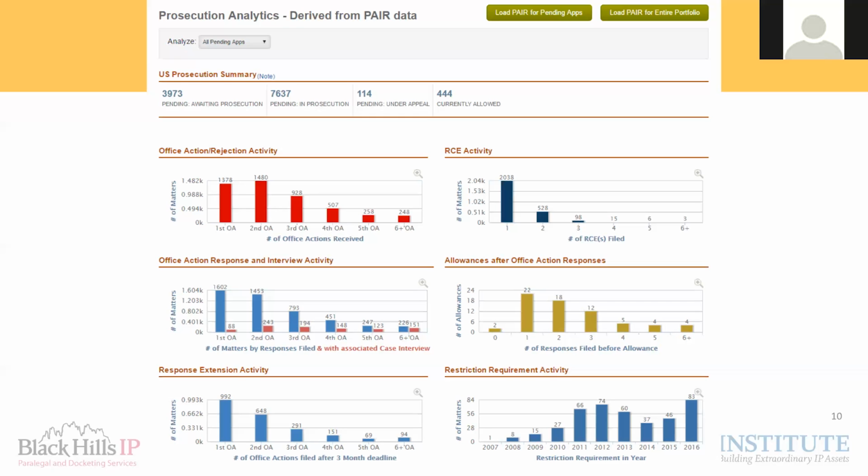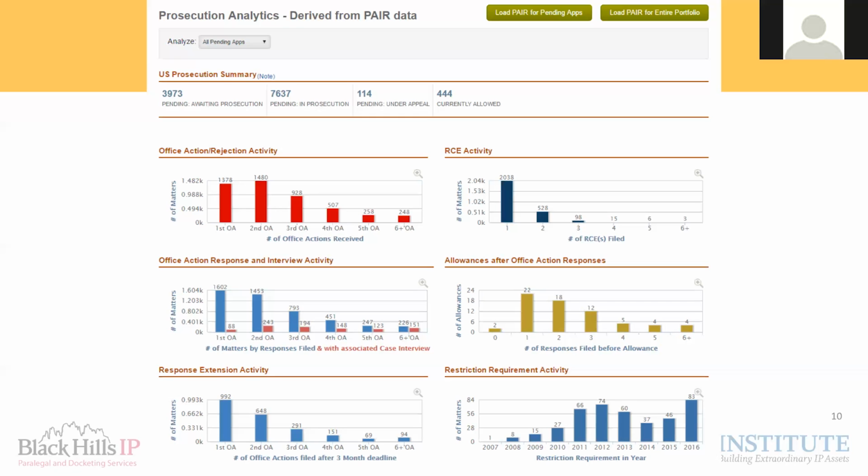In 2014, we had a lot fewer restriction requirement activity. 2015, it crept up. 2016, it almost doubled from the previous year. So what I would want to know is, is this something that's happening across multiple firms? Is it one firm that happens to be writing possibly sloppier claim sets? It gives me a place to start digging into my firms in more detail.